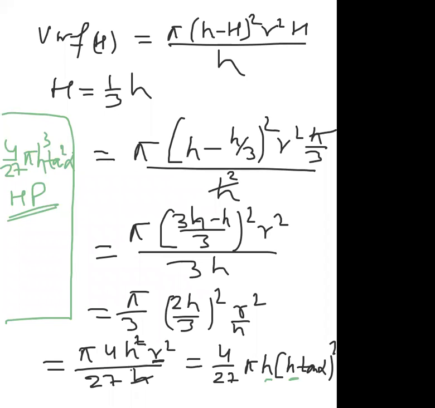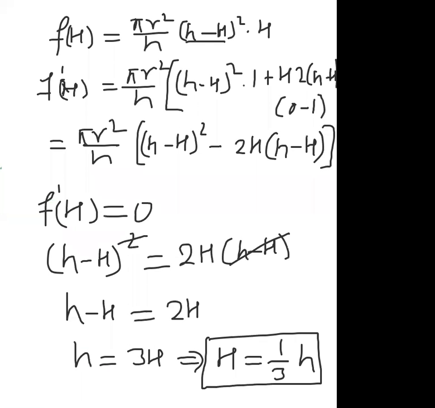Now we need to calculate F double dash of H. See, we have calculated F dash of H. It's over here. I must copy it: pi R square upon H square. This H square has not made any problem, but yes, it was wrong.